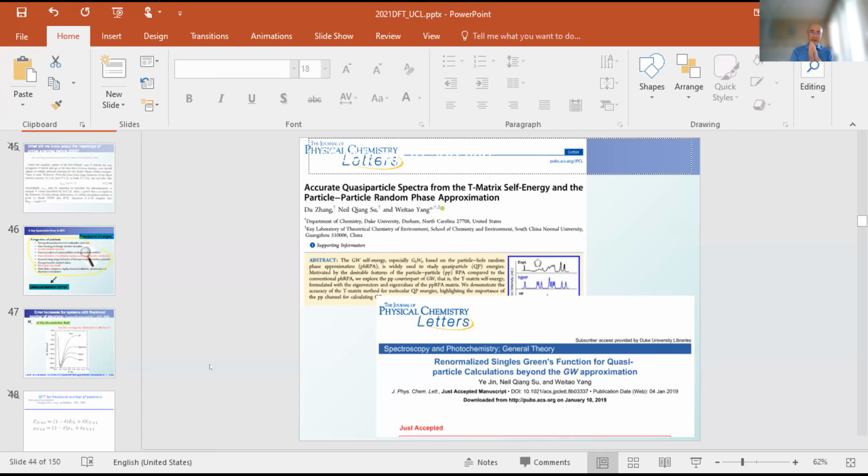And for many years, from 82 up to the early 2000s, the whole community thought the self-interaction error is the source of systematic error for all the problems. And I was a big believer, and so we worked very hard to try to find a functional that's self-interaction free.